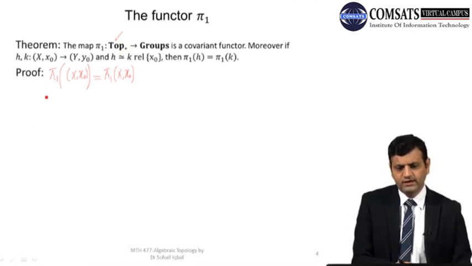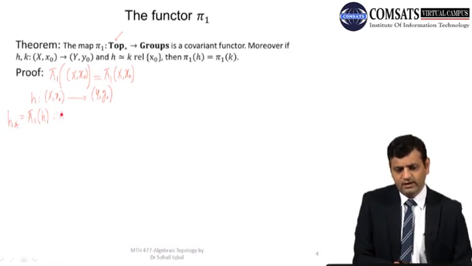Now let's see how we define images of morphisms. Let h from (X, x naught) to (Y, y naught) be a morphism between these two pointed topological spaces. How do we define pi1 of h? With our previous notation, this is the same as h lower star.